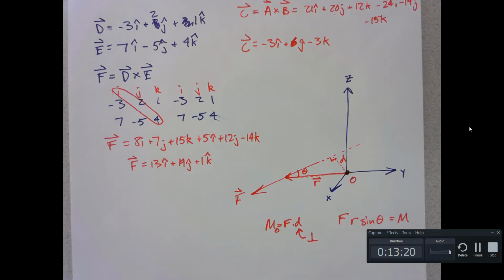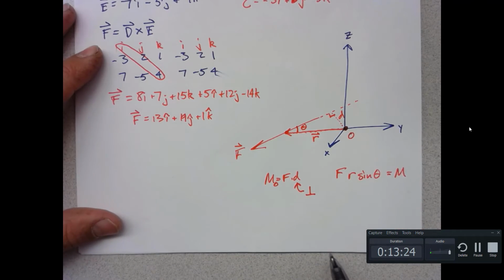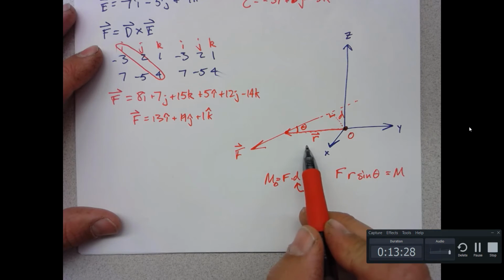But what's slick is that by using the cross product, R was not perpendicular, was it?